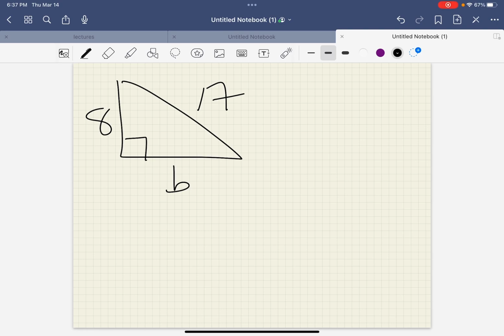And what was that one? Oh, it was 8, 15, and 17. So there's the 8 and there's the 17. So what does B have to be? B has to be 15. Okay.